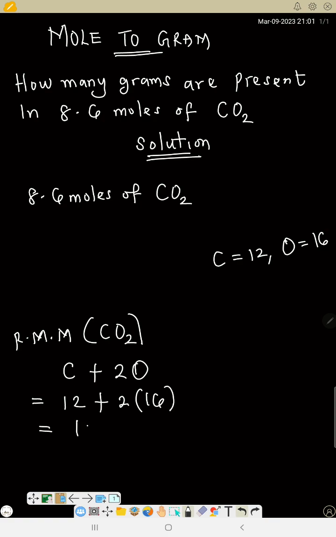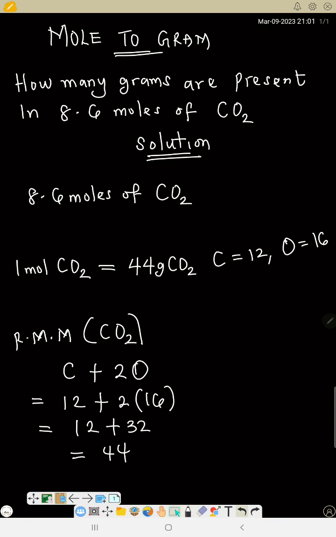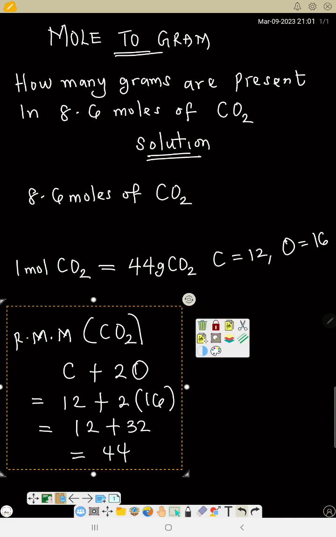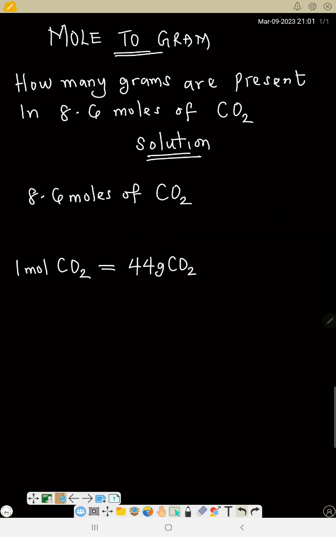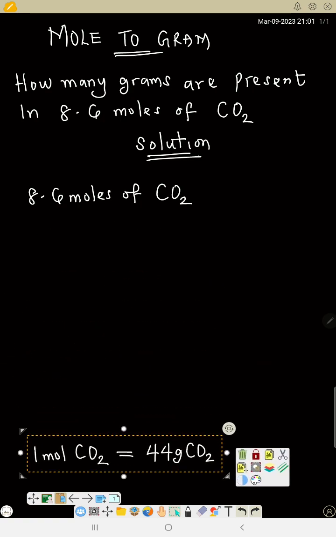So that means 12 plus 2 times 16 is 32. So this is 44. That means relative molecular mass of CO2 is 44, which means 1 mole of CO2 is equals to 44 gram of CO2. So that is the meaning. So in molar mass, 1 mole of CO2 equals 44 grams of CO2. So now this is what we are going to use.